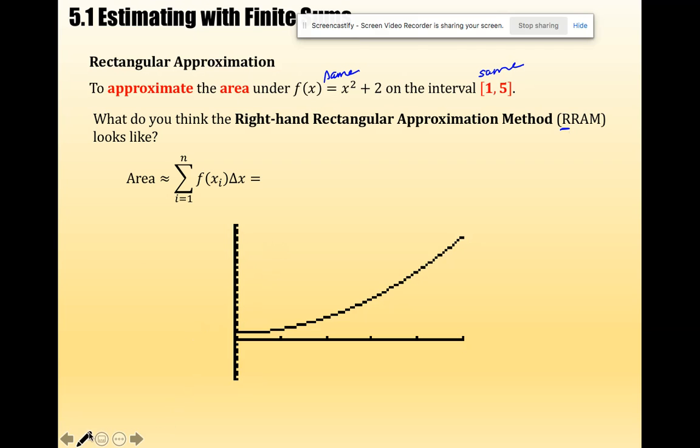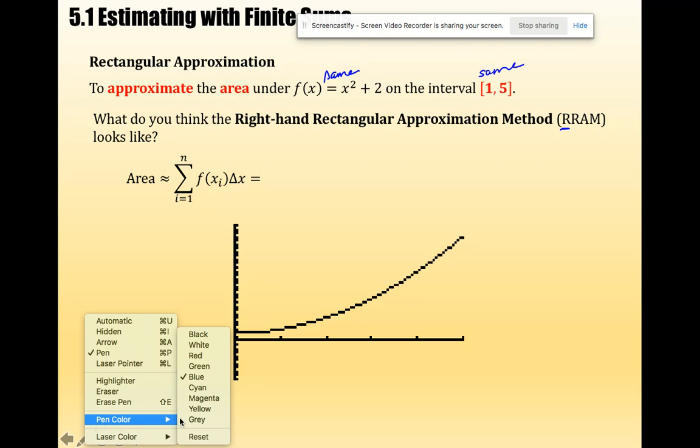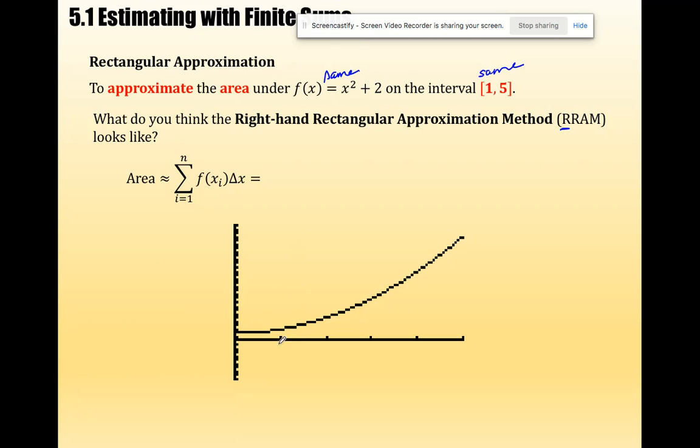So to do this one, let's pretend I start at 1. Well, let's not pretend, let's actually do it. From 1 to 5. And just because I like even intervals, no one told me how many intervals. Sometimes they tell you. They're not going to tell you. I'm going to choose to break it up into nice, even intervals. So my width is going to be 1. My delta x is going to be 1.